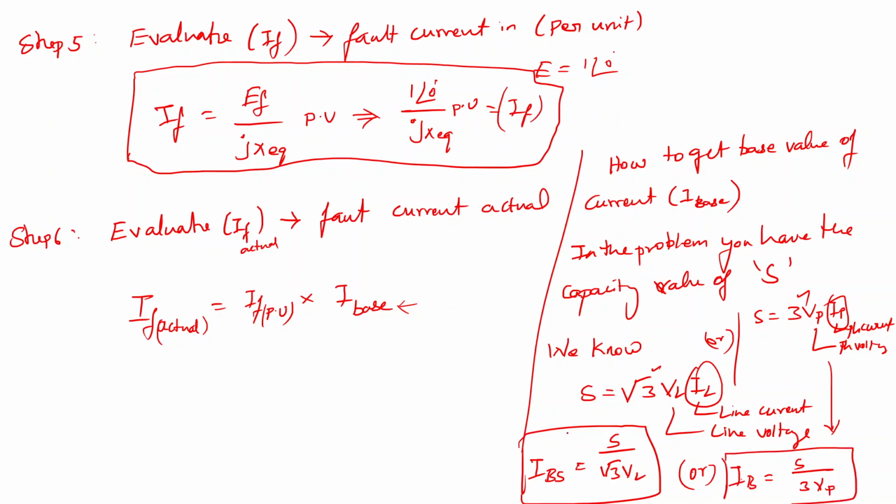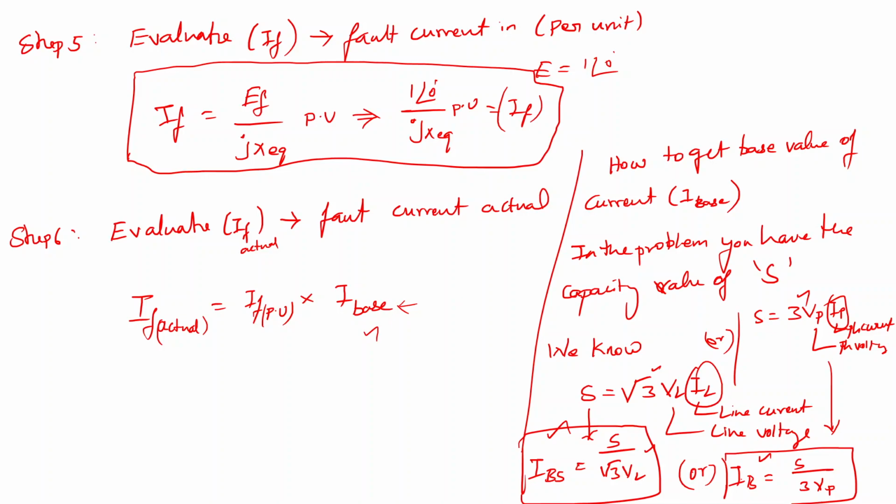Using either formula I can find I base. But in 90 or 99% of the problems, they give line values only. So in general we use I base equal to S divided by root 3 into VL, as the common method.